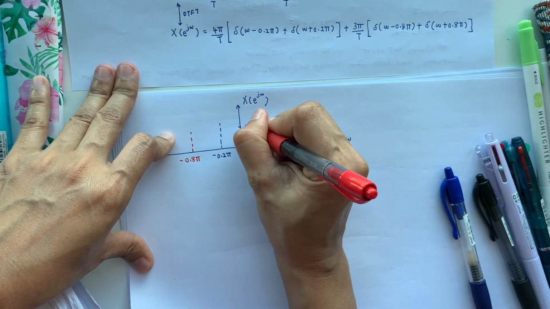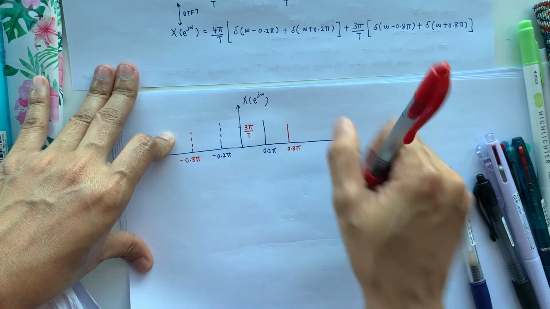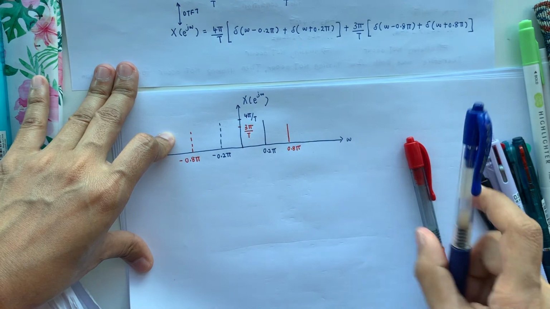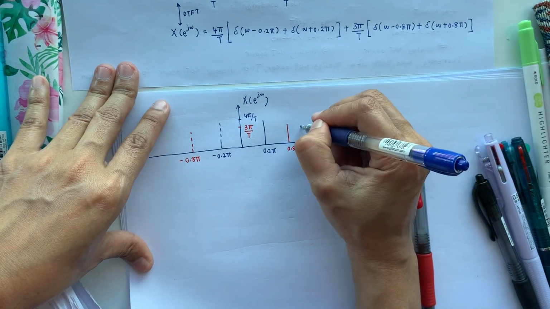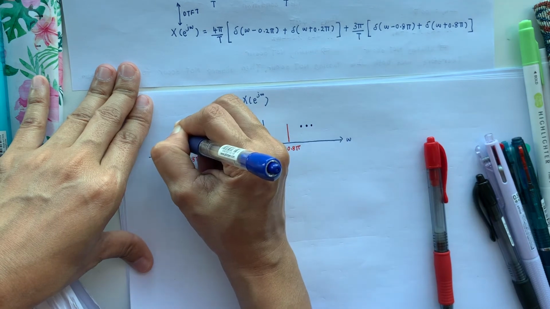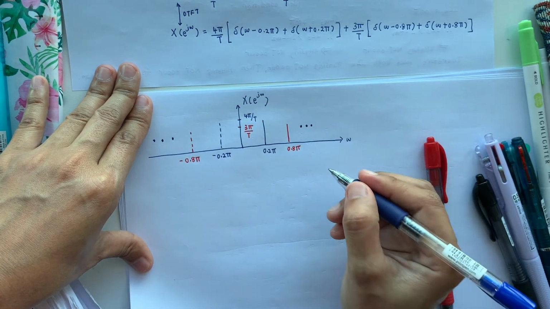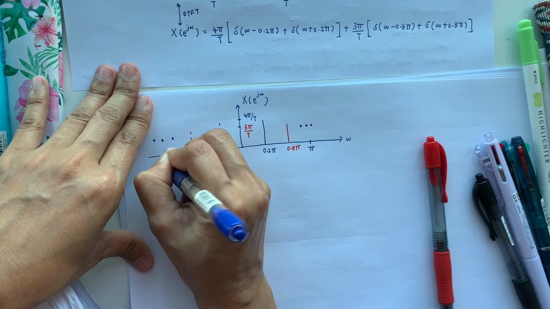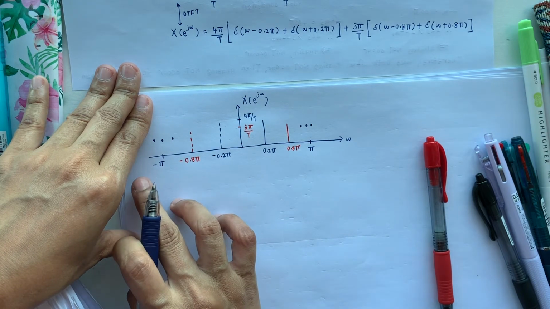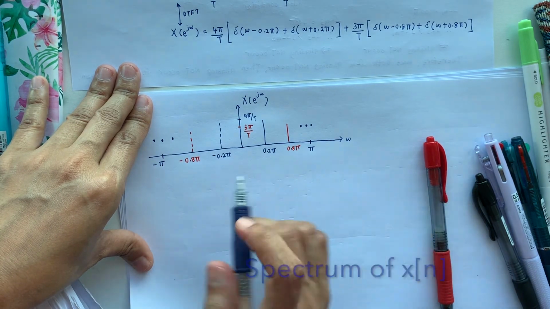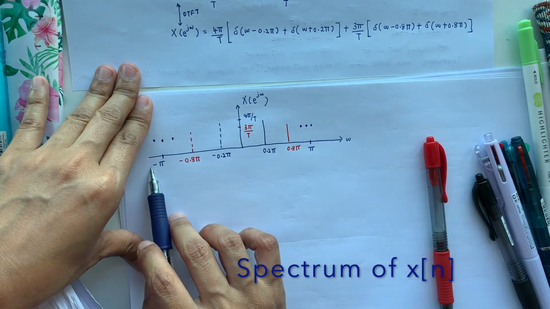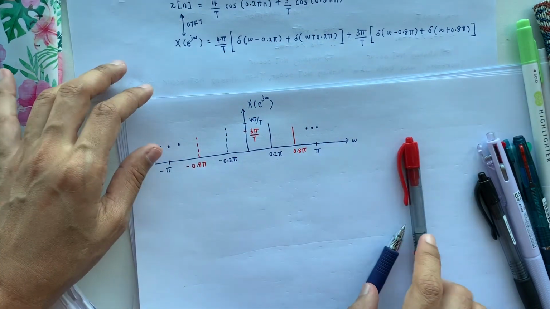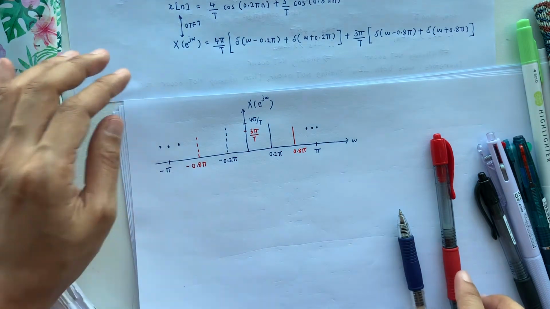This one is 3 pi over T, the above is 4 pi over T. This is a discrete time signal, so the signal is periodic at every 2 pi, which means the signal will be repeated every 2 pi. Okay, so this is for X(e^jω).